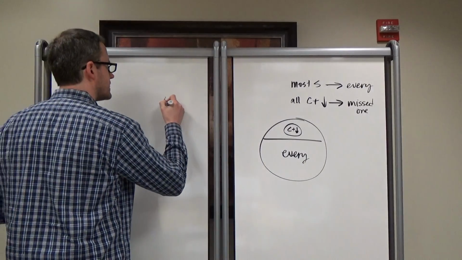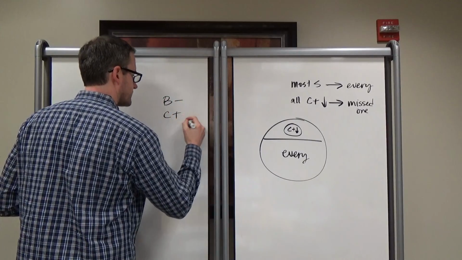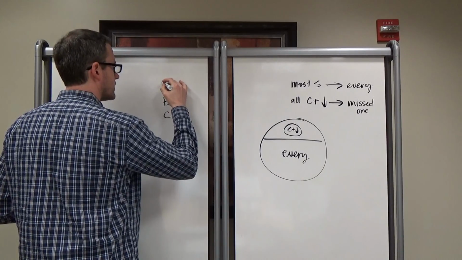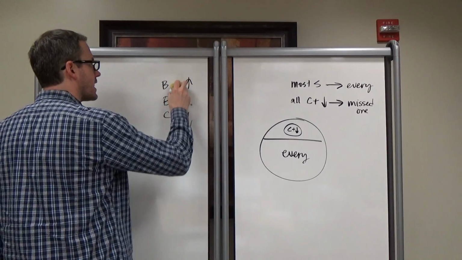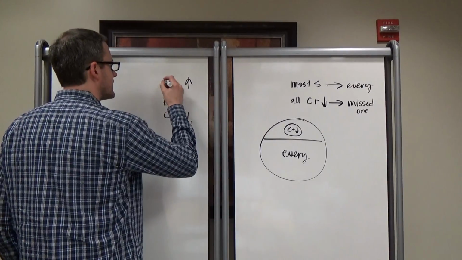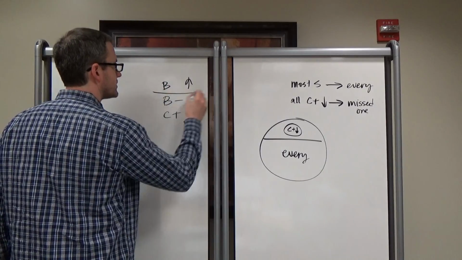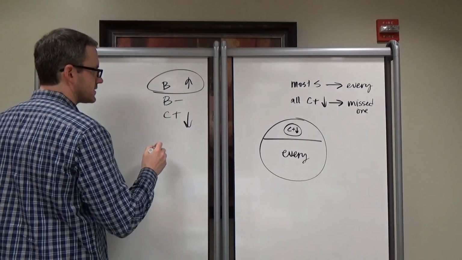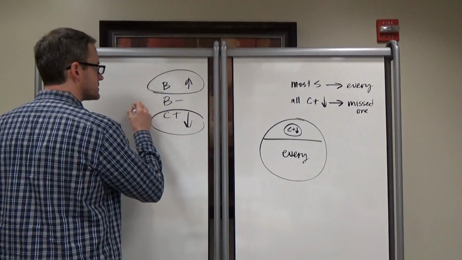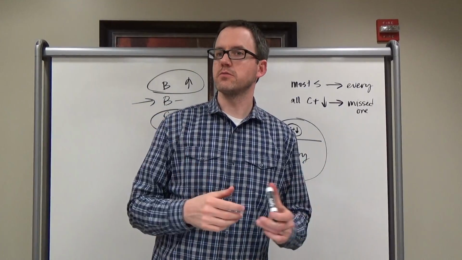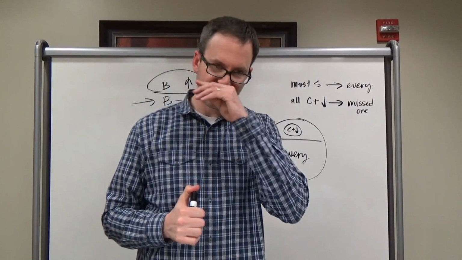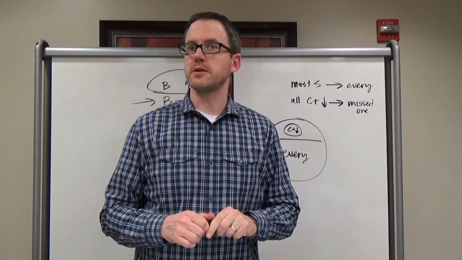We have B minus, we have C plus or lower, and we have B minus or higher. Well, really, it's B or higher. And answer choice C talks about this group, whereas the passage talked about this group, and so this group is completely left out in answer choice C, and so we just don't know even what to think about that. All right, any other answers that were tempting?